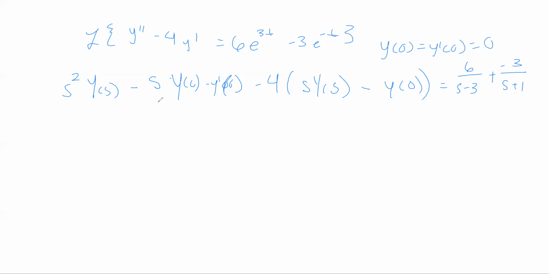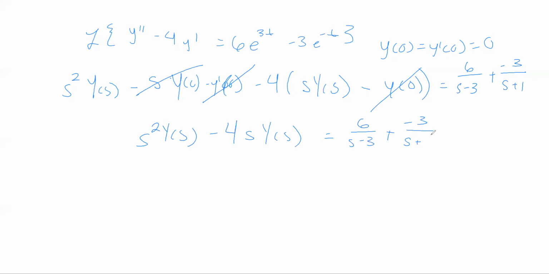Then I need to go ahead and move things around. This is going to go away, this is going to go away, and this is going to go away since both y of 0 and y prime of 0 are equal to 0. Then I have s squared y of s minus 4s y of s, which is equal to 6 over s minus 3 plus -3 over s plus 1.